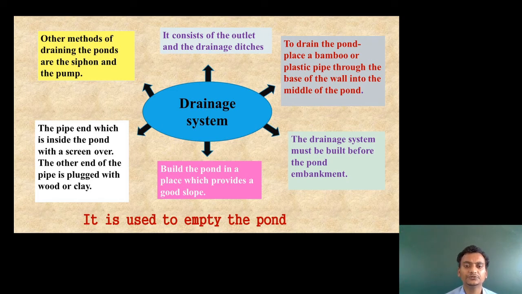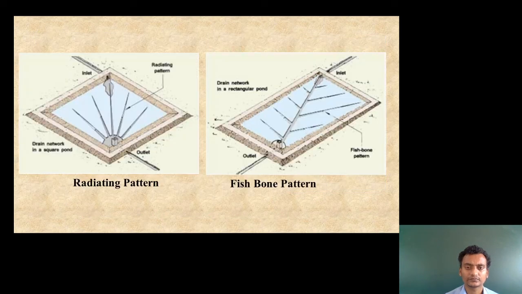Another method that can be used for draining the pond is a siphon as well as a pump. These are the patterns of drainage system present on the bottom of the pond. One is called the fishbone pattern and the other is called the radiating pattern. In the fishbone pattern, there is a large ditch in the pond with lateral ditches.